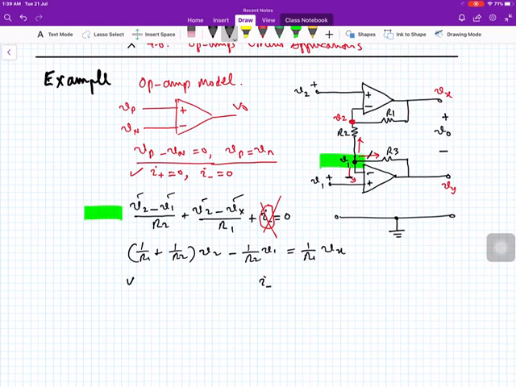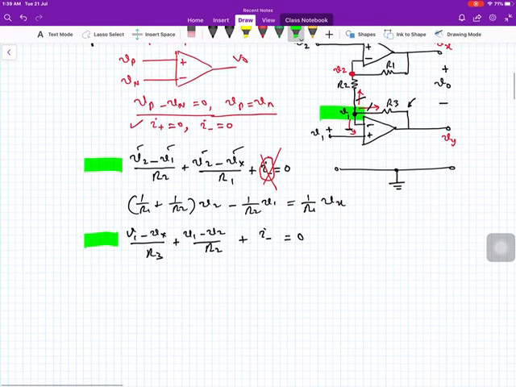This is V1 minus Vx, on this side of R3 is Vx, and the resistance is R3. And what is this current? This current is V1 minus V2 divided by R2, and this sum is equal to 0. And we have written the equation for the second node. Now, due to our assumption, this current I entering the inverting input is equal to 0, and then we rearrange this equation.